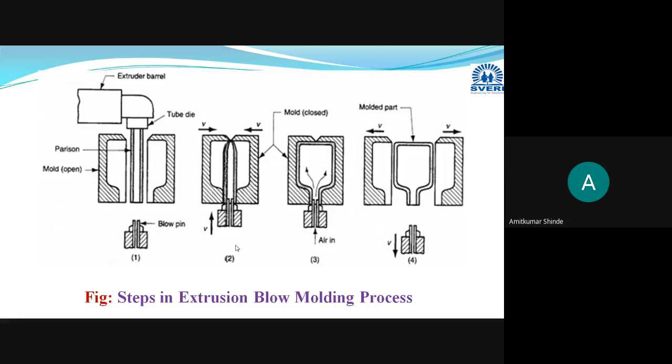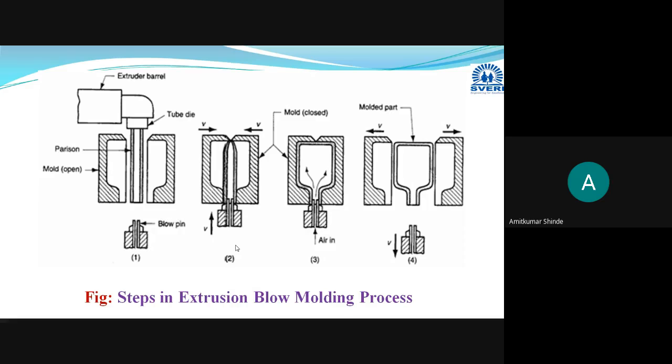Okay, now we will move to the extrusion blow molding process. Now in this extrusion blow molding process, the first stage will be the preparation of the preform from the thermoplastic material. Means it will be a little bit hotter. It is having some higher temperature, that will be termed as a hot preform or a parison.